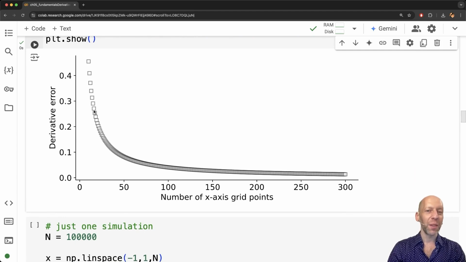Okay, so what do we see? Well, we see that the errors fall down quickly, and they converge to 0. At the limit, when n goes to infinity, we have an infinite number of points. Now, it's not something we can do in NumPy, but in theory, that's the theory of differentiation.